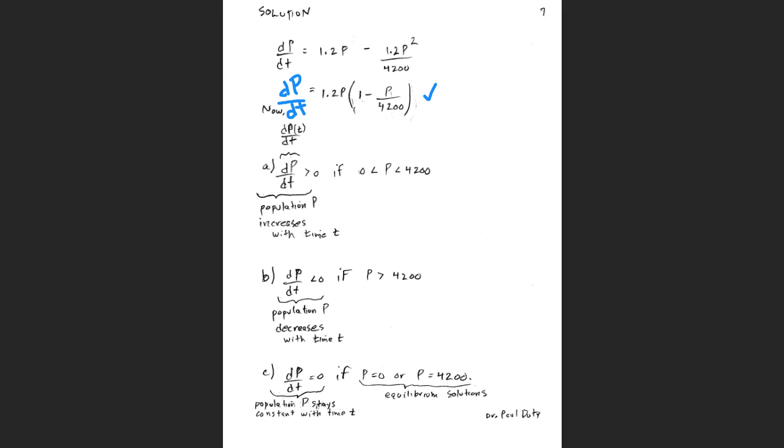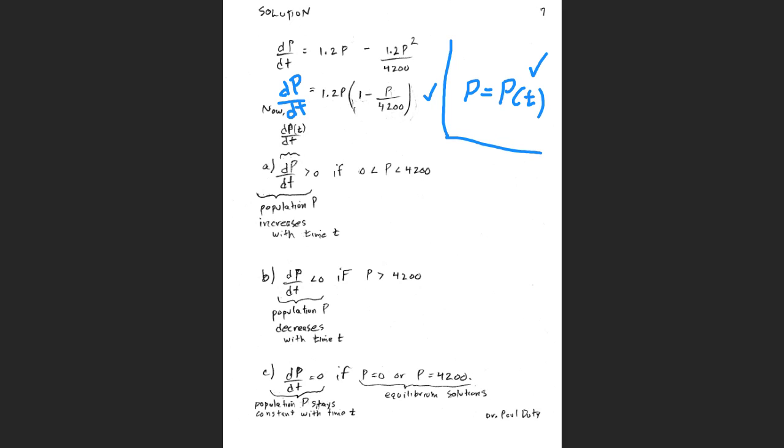P is understood to be a function of time. The population changes with respect to time. But in the differential equation, they don't write P of t. They just write P, but it's understood to be a function of time.